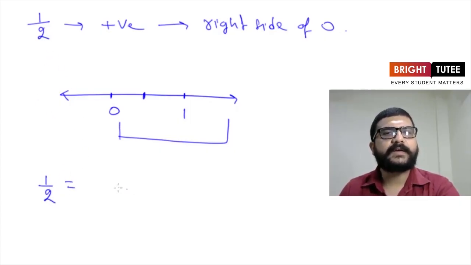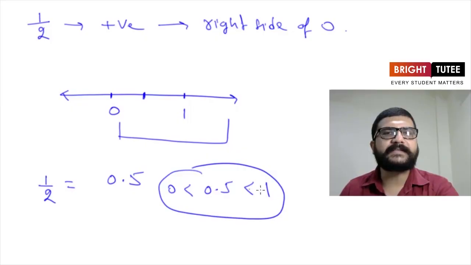As we know, 1 upon 2 is basically 0.5, and 0.5 is less than 1 and greater than 0. So it is lying between 0 and 1, and as it is a half, it will be halfway from 0. So it will be this point. This point is 1 upon 2.